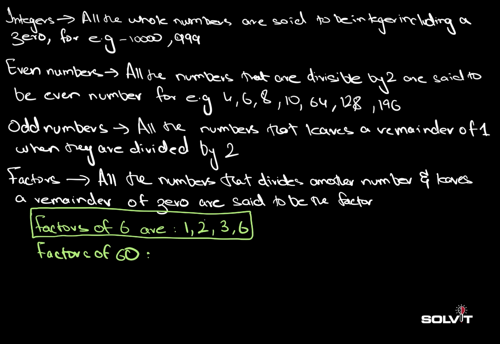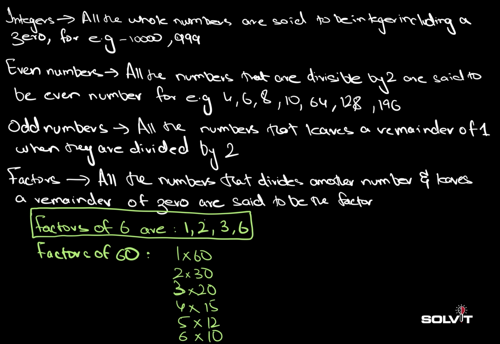Let's start from 1. So 1 multiplied by 60, 2 multiplied by 30, 3 multiplied by 20, 4 multiplied by 15, 5 multiplied by 12, and 6 multiplied by 10.